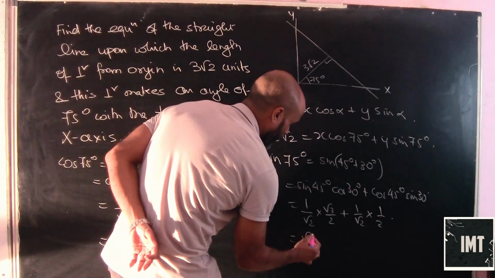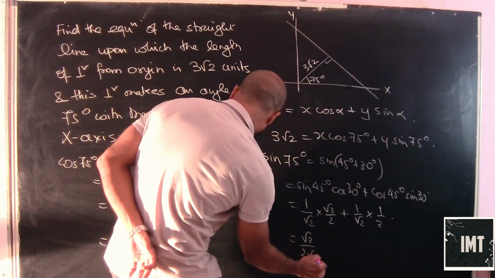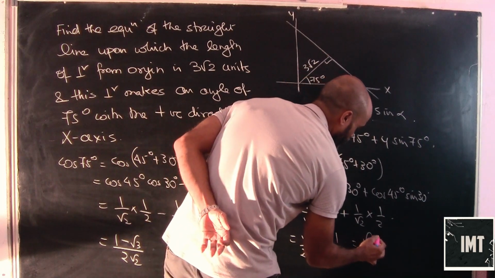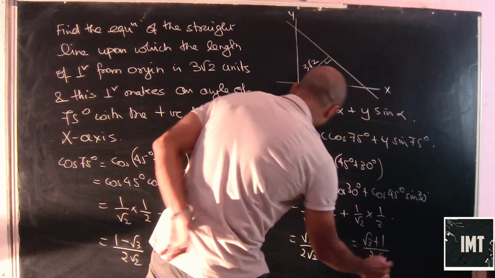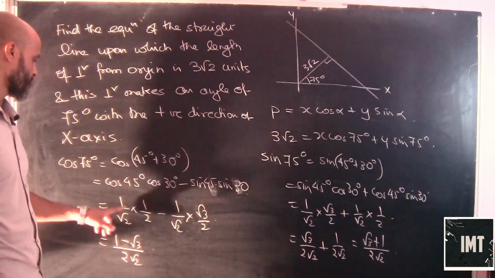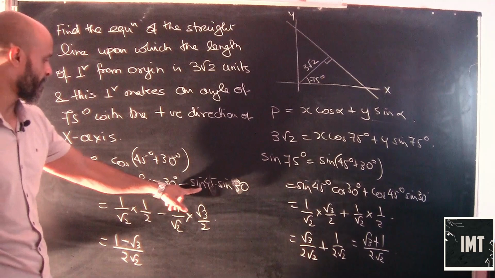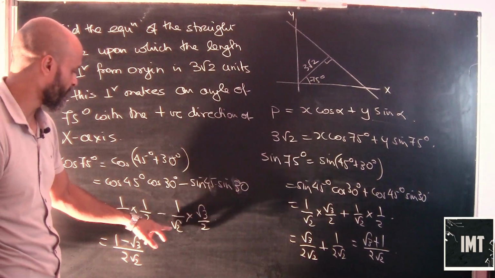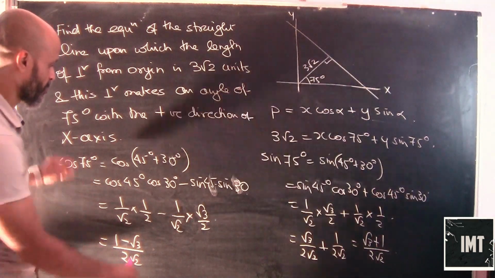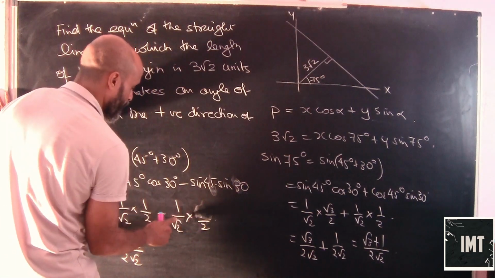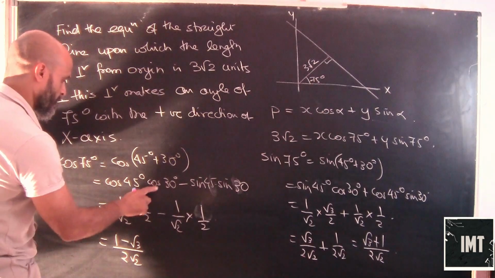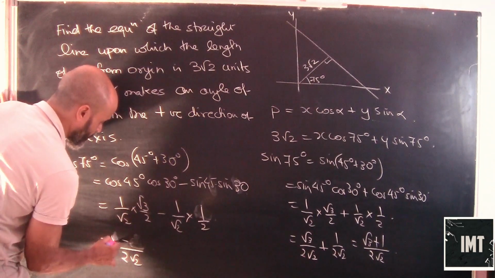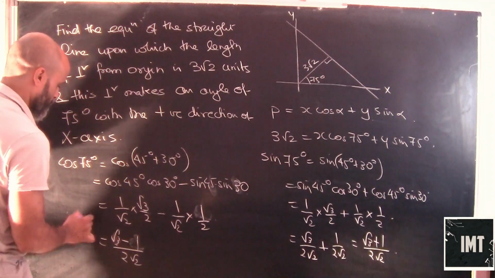So this will be under root 3 by 2 under root 2 plus 1 by 2 under root 2. So this will be under root 3 plus 1 by 2 under root 2. Okay, so this will be cos 75.